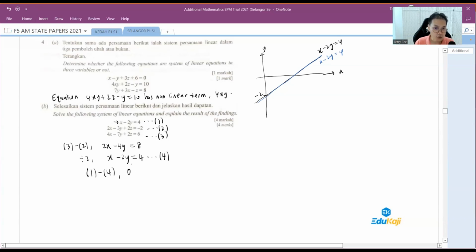So your left hand side is 0. 4 minus 4 is still 0. Your y cancels out. So you get 0 equals 0. The main thing is 0 equals 0 simply means both lines are overlapping. When they overlap, you have an infinite number of solutions. So just write this as your answer: infinite number of solutions.